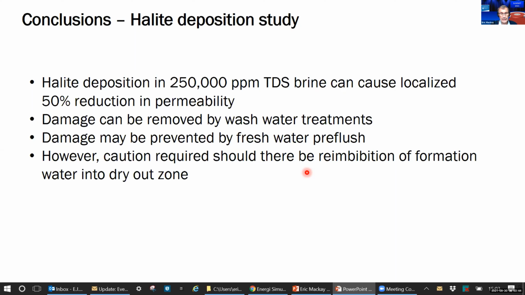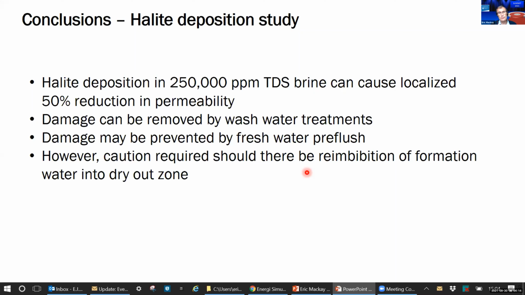The halite is very soluble, of course, and so those can be used to clean it out from the near wellbore zone. Or in fact, it can be prevented by performing a pre-flush of fresh water, which displaces the salty formation water away from the well before the CO2 is injected. And if deposition happens deeper into the reservoir, that's not going to cause any significant impact on injectivity.